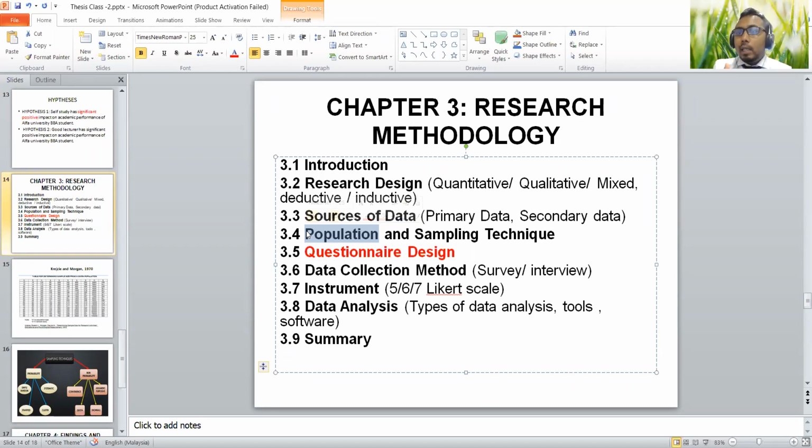If your study is related to customer satisfaction, then you go to the customers, those who use the service of the bank. If your study is on employee performance or employee satisfaction, then you have to go to the employees' data. Your population is the employees at that time.